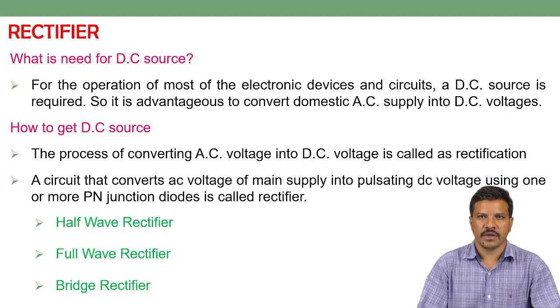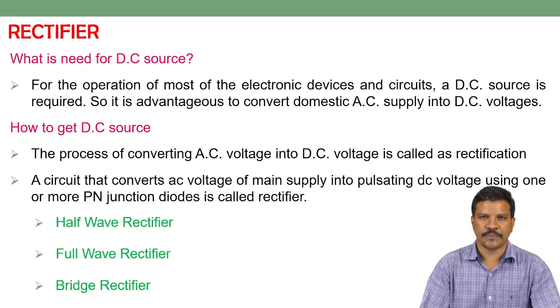Coming to rectifiers, what is the need for a DC source? The DC source is required for all electronic devices. Yes, it's true. For the operation of most electronic devices and circuits, a DC source is required.